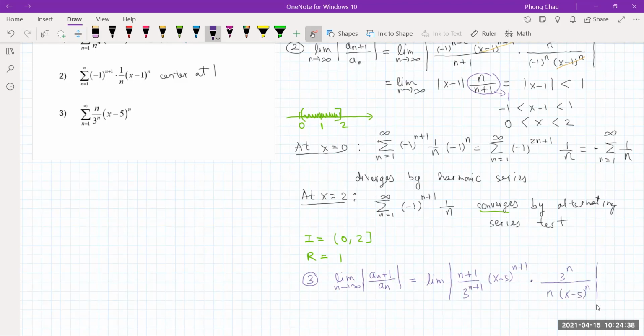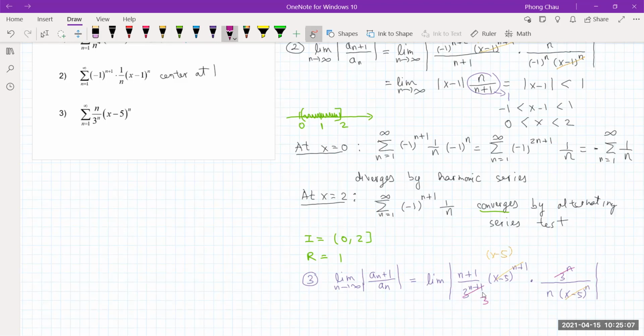Now in this case, what do we have in terms of cancellation? You see again the powers, it becomes x minus 5 left. I also have 3 to the n, so 3 to the n and 3 to the n plus 1, there is a 3 left.